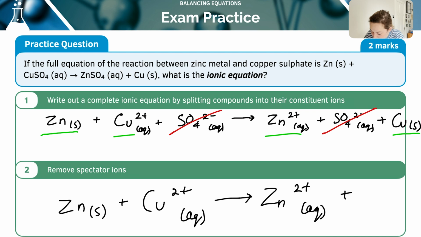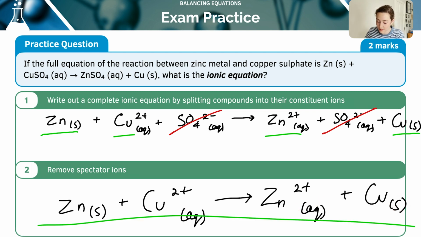And then I'm going to check it's balanced. I should have checked up here that it was balanced. Don't always assume that the examiner's given you a balanced equation, but it is. And there we go. My charges are balanced. I've got a 2+ on the left-hand side total and a 2+ total on the right-hand side. All of my state symbols are there, and there's no spectator ions. So that is my answer.